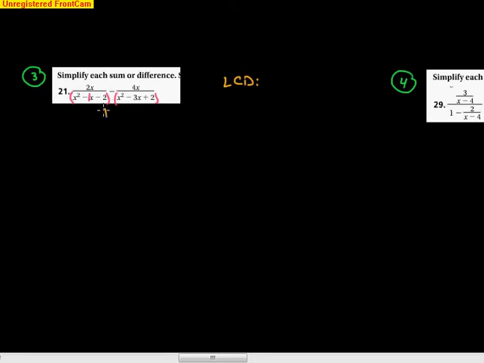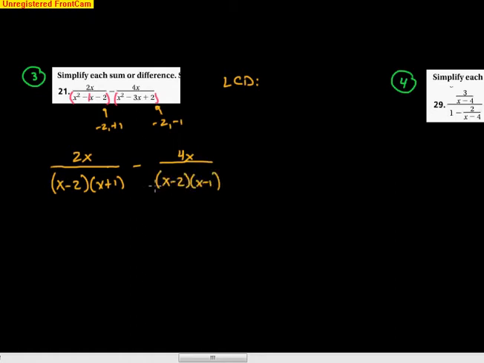Well, that would be -2 and +1. That would multiply to give me -2 and add to get me -1. So this first fraction is 2x over (x minus 2)(x plus 1). Minus. And now the second denominator, factors of 2 that make -3 are going to be -2 and -1. They multiply to get +2, they add to get -3. So my second fraction is 4x over (x minus 2)(x minus 1).